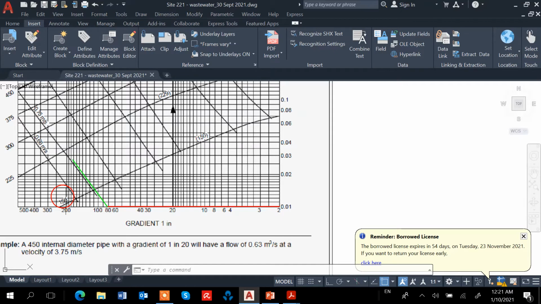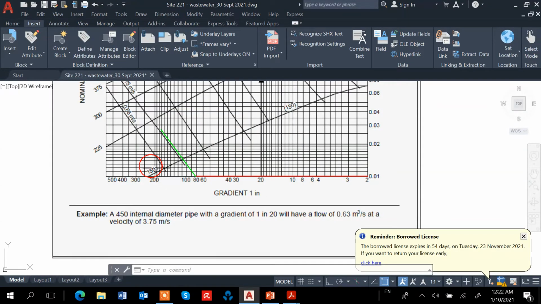If the red line here is between the 150 and 225, if your point is somewhere here, then you need to use the bigger one, which is 225. Our discharge is much smaller, 0.0009, so it's way below, but because we don't have anything below, we have to use the minimum of 0.01.